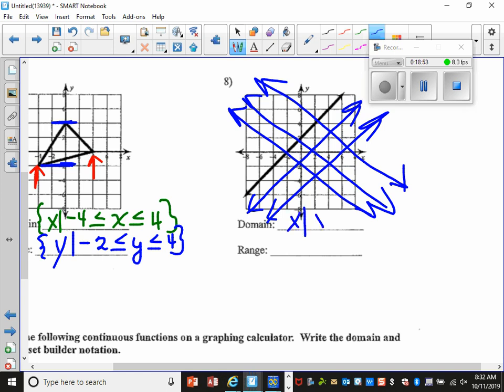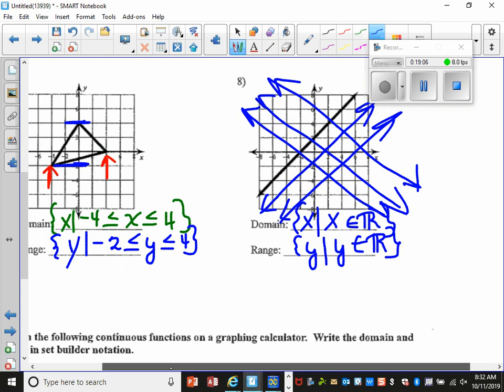X such that x is an element of all real numbers, and y such that y is an element of all real numbers. Anytime it's a diagonal line, you're going to have the same thing.